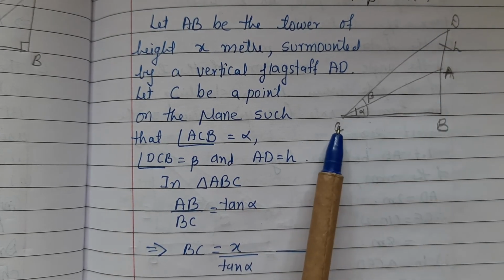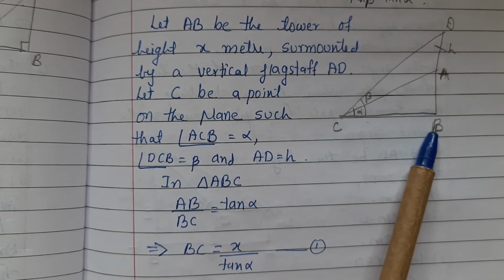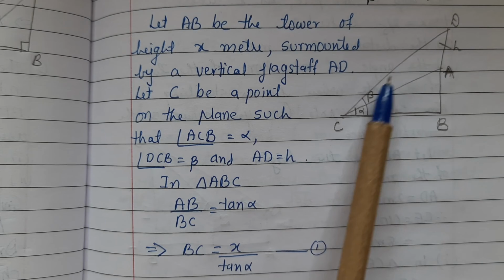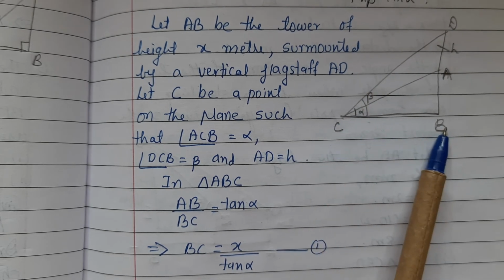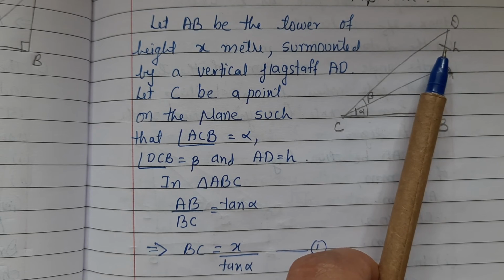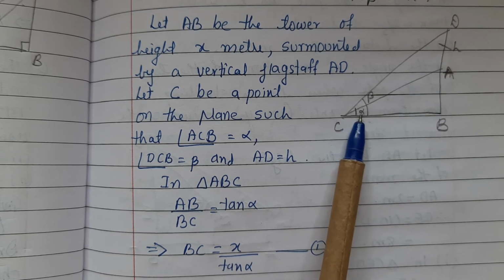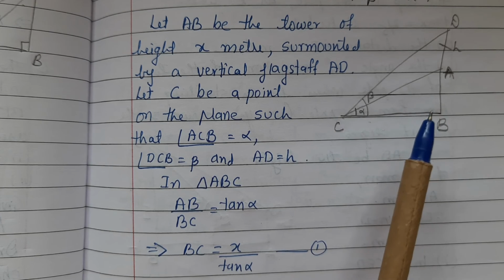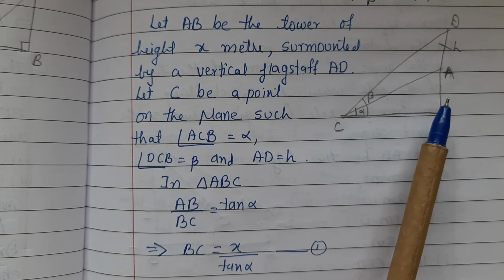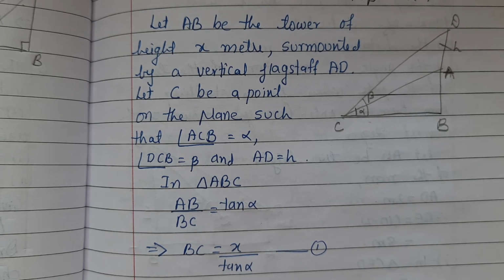C be the point on the plane such that angle ACB equal to alpha and angle DCB equal to beta and AD equal to h. In triangle ABC, tan alpha is equal to AB upon BC. Therefore, AB is x. Therefore, BC will be x upon tan alpha. Let that be equation 1.